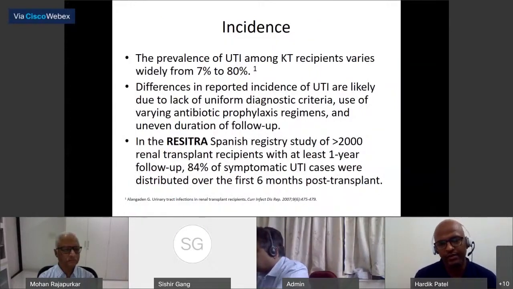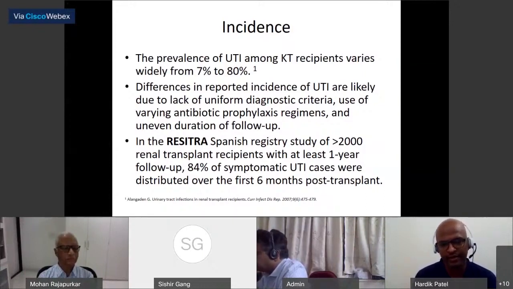Coming to incidence, the prevalence range is very wide, and that is mainly because of different diagnostic criteria and different definitions used by different studies. Another thing is many centers have different prophylaxis regimens, and practices are more variable when it comes to UTI.